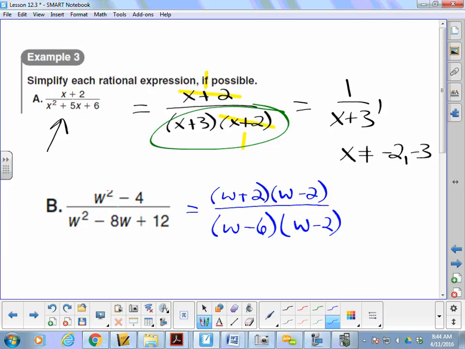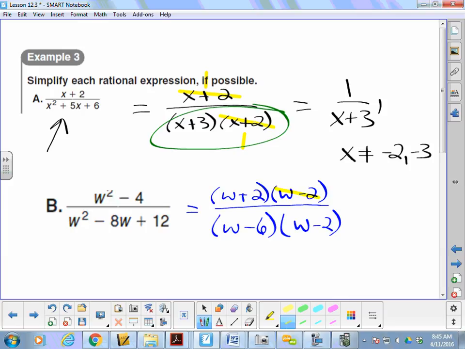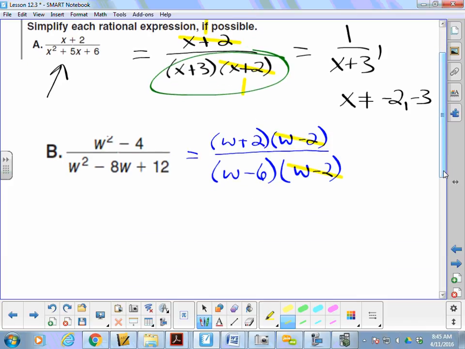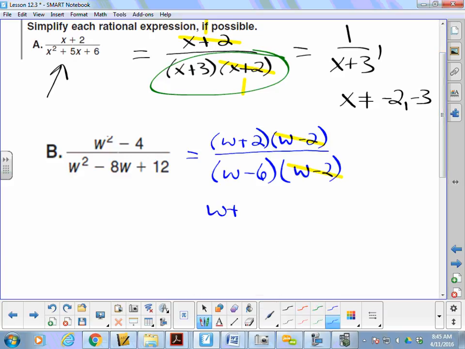So, do I have common factors in the numerator and the denominator? Do I have the same thing in the parentheses? Where I do, I can cancel them, cross them out, just like when you're simplifying fractions. So my answer here is going to be W plus 2 over W minus 6.